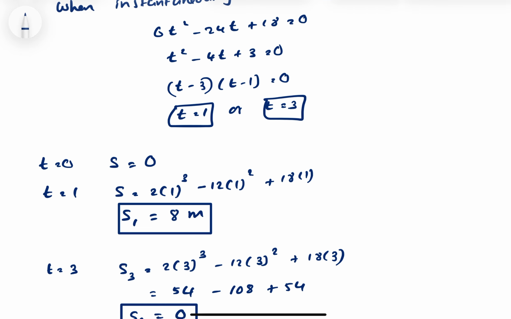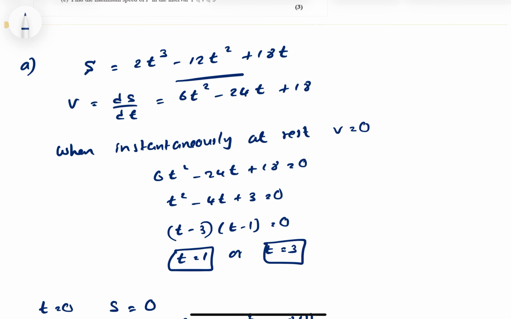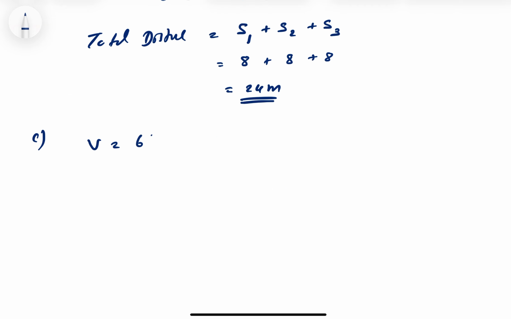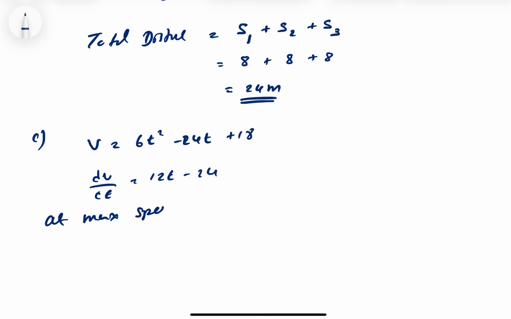We found the velocity function: v is equal to 6t squared minus 24t plus 18. So dv by dt should be 12t minus 24. At maximum speed, dv by dt is 0, which means 12t minus 24 is 0. So t should be 2.